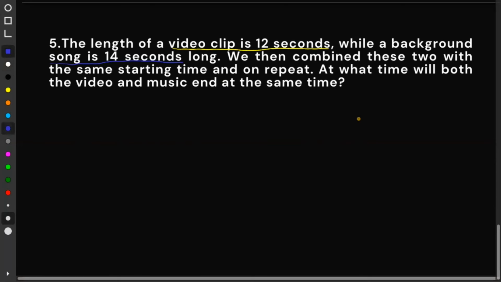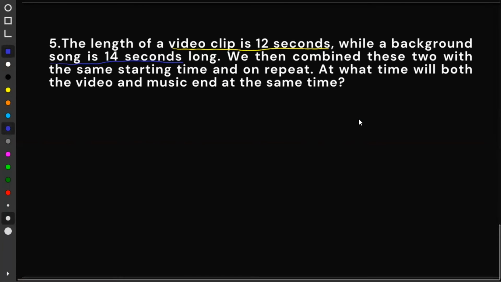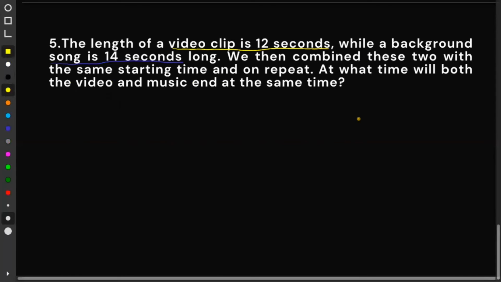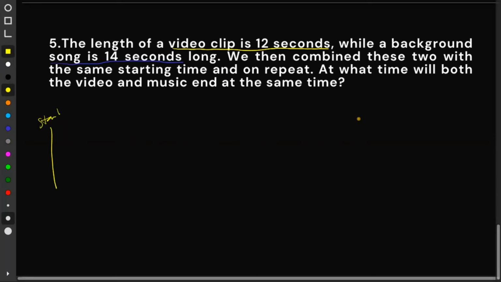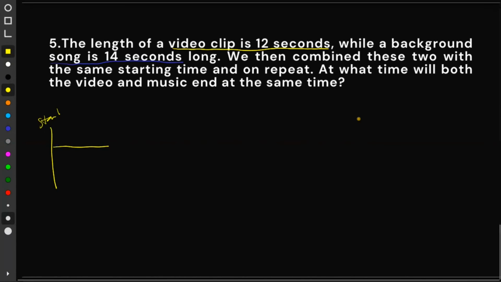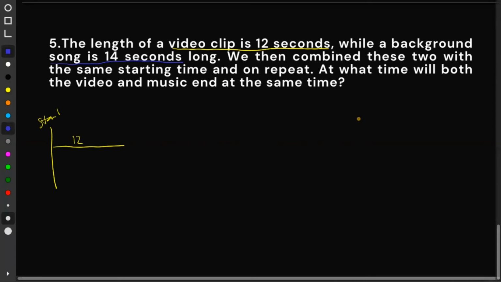So, although it might seem hard at first, let's try to illustrate it. First, let's represent this as their starting point over here. Now for the video clip, let's say that's 12. This is 12 seconds long, and the background song is 14 seconds.